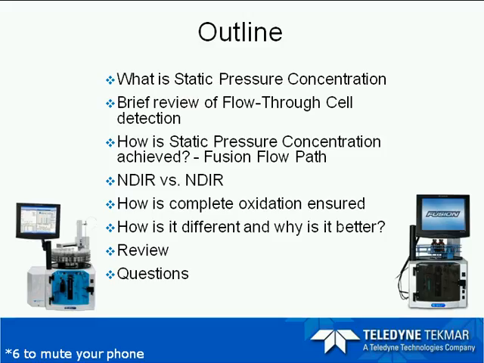And then we'll talk about how it's different. I'll mention some salient points on why it's different and why it's better than flow-through cell technology. Then, of course, I'll do a summary and review, and just hit some high points of the talk, and allow you to answer any of your questions at the end, and hopefully get all your questions answered before our time is ended today.